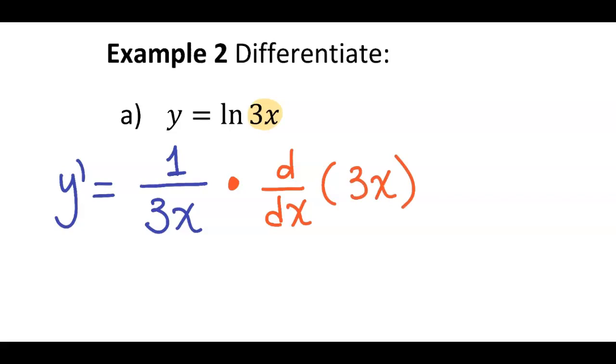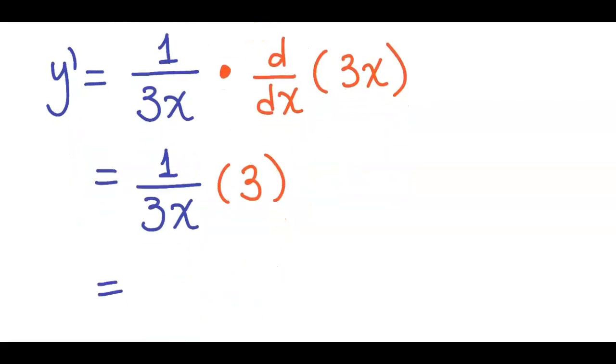So the blue part will stay the same, 1 over 3x. But now if you find the derivative of 3x, that's going to be just 3. And if you simplify your answer, the 3's will cancel out, right? Cancel, cancel. Therefore, your final answer is 1 over x.